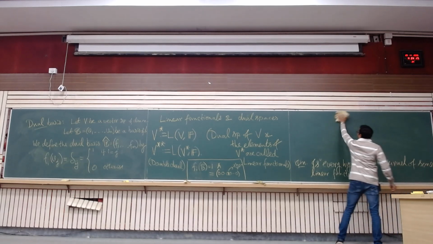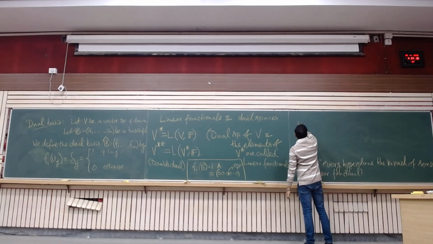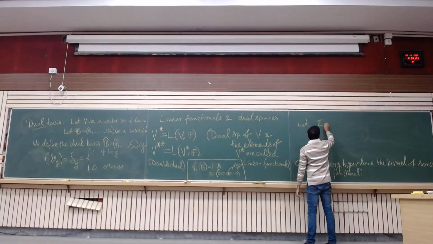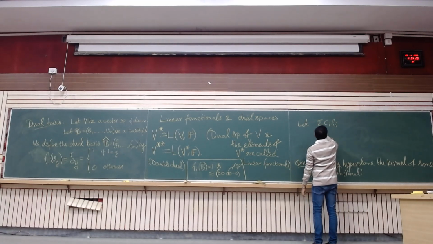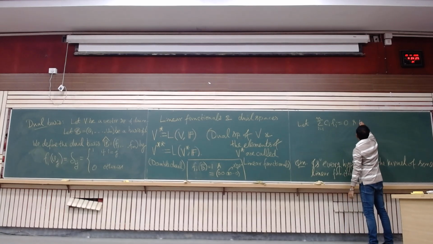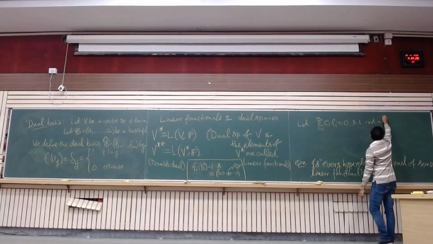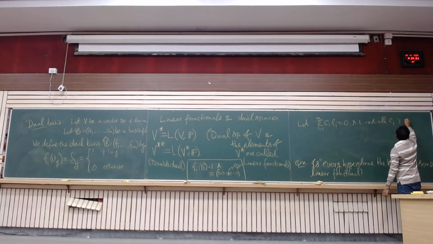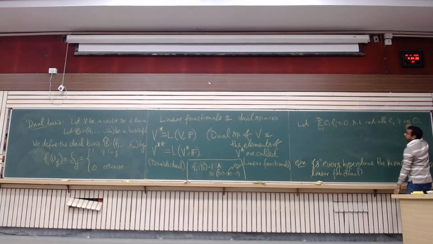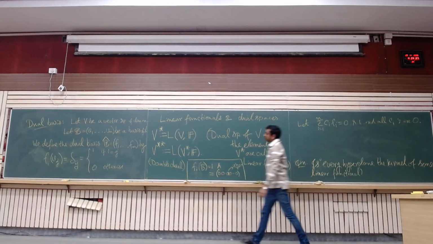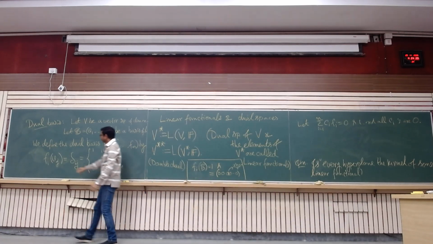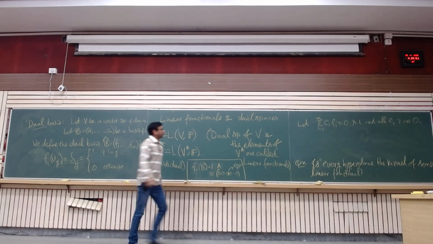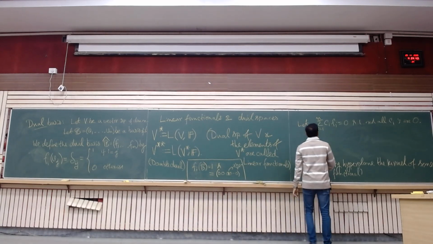Okay. So let the summation of Ci fi, i running from 1 to n, be equal to 0 such that not all Ci's are 0. Okay. Let's evaluate that thing at Vj and see what is happening.